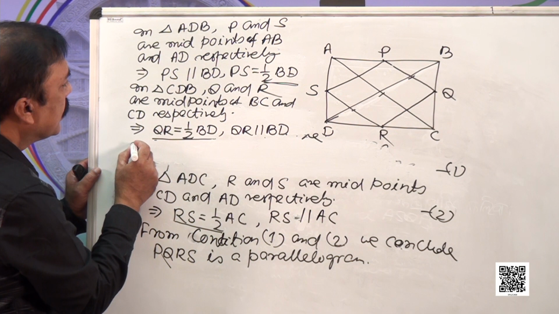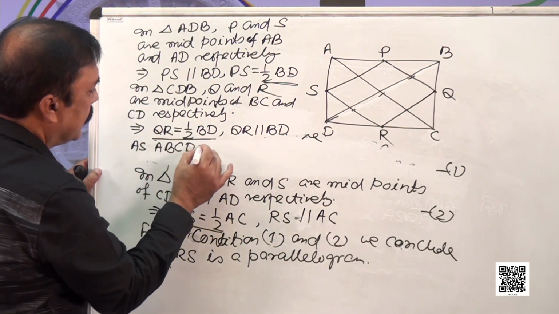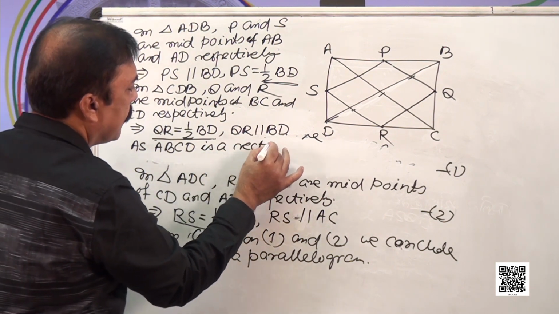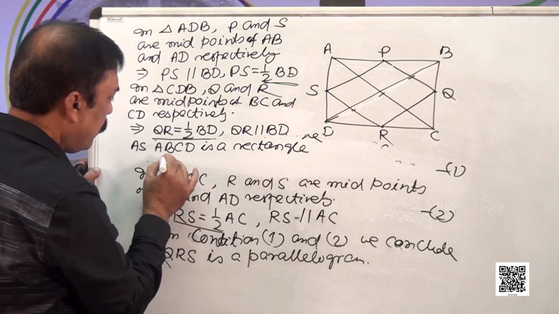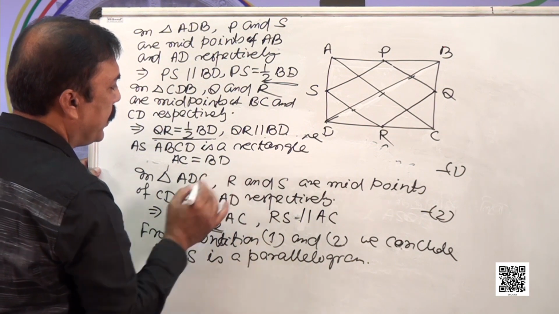So as ABCD is a rectangle, AC is equal to BD.